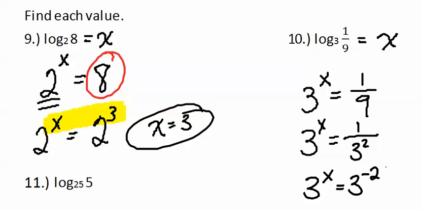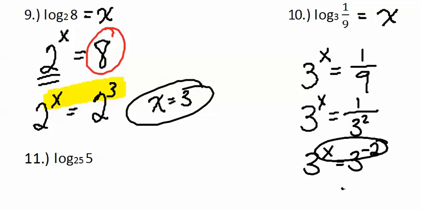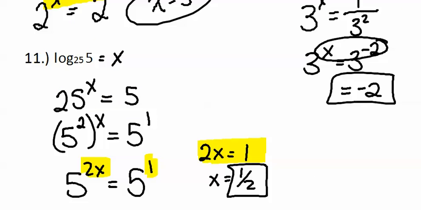Therefore, x equals negative 2, or log of 1/9 base 3 equals negative 2. Pause the video and try number 11. And your answer for number 11 should be half. And you can see the work there on the screen.